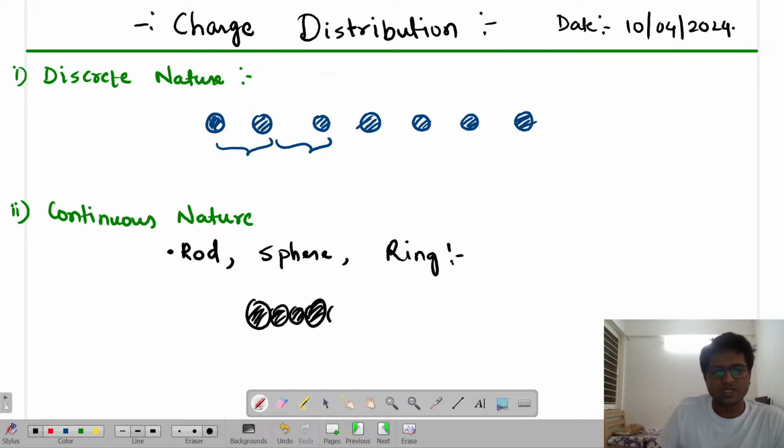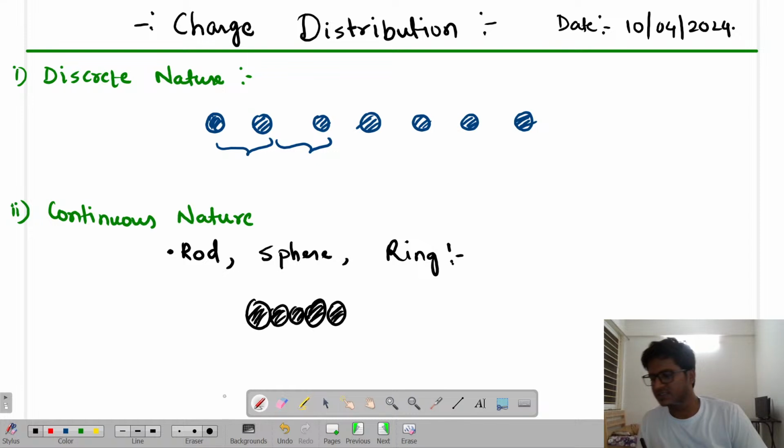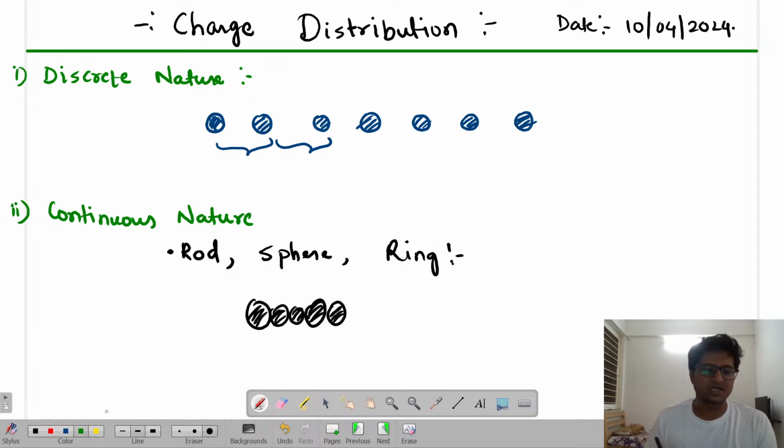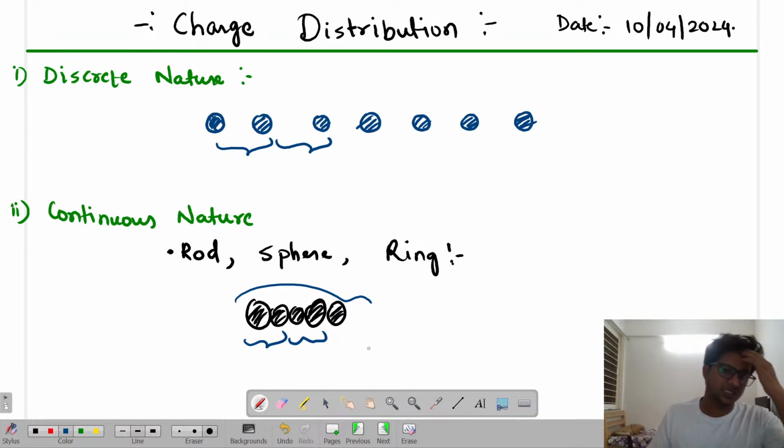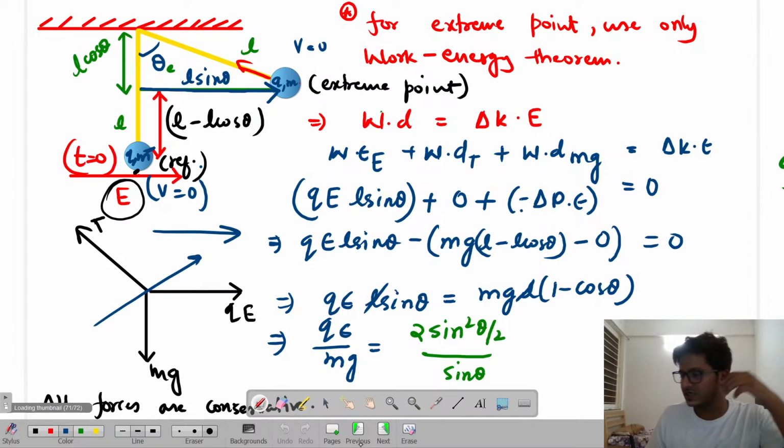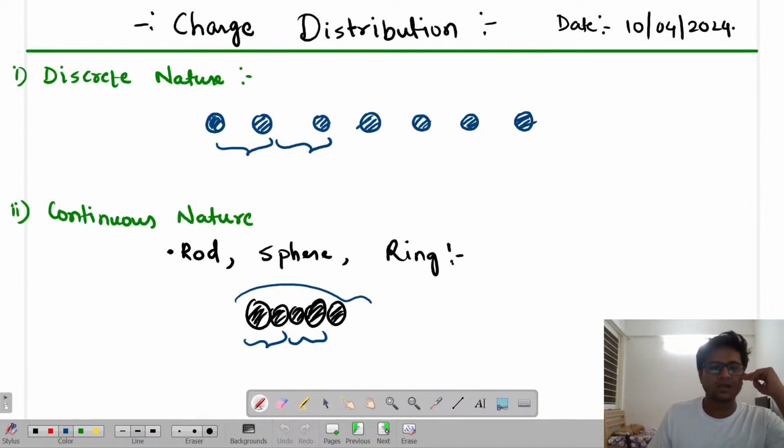And when they are closely placed, the interaction between the particles starts to happen. Two particles can interact easily, and they change the concept of the whole electric field. So today we will develop our understanding based upon this nature. Till now we have done all the discrete natures, but right now we are going to discuss the continuous nature.